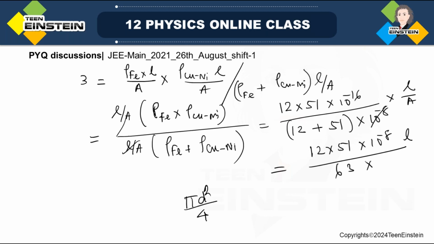D means diameter. So pi into d square. D means 2 millimeter. So 2 into 10 to the power minus 3 whole square, pi d square by 4 over here.